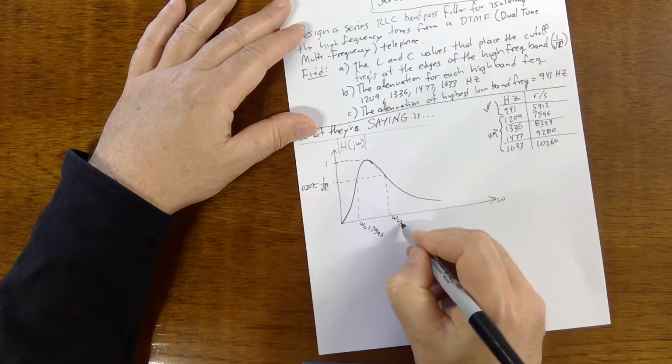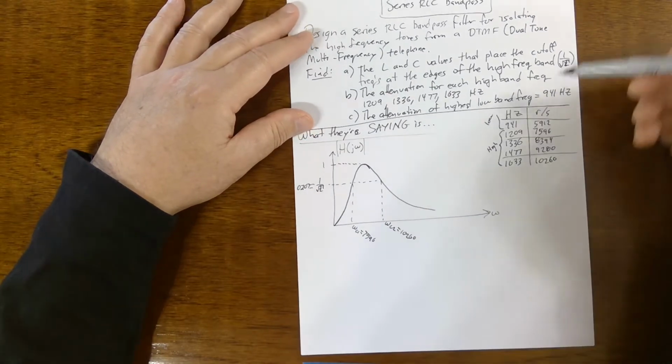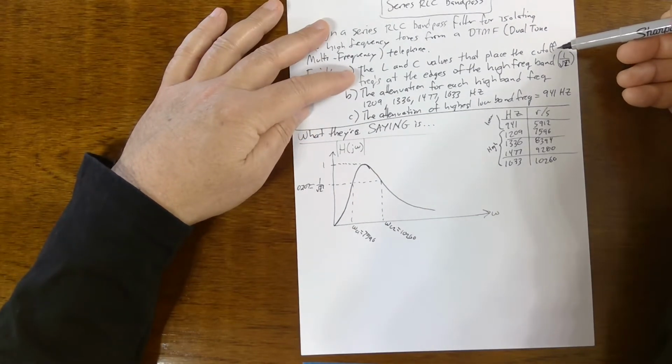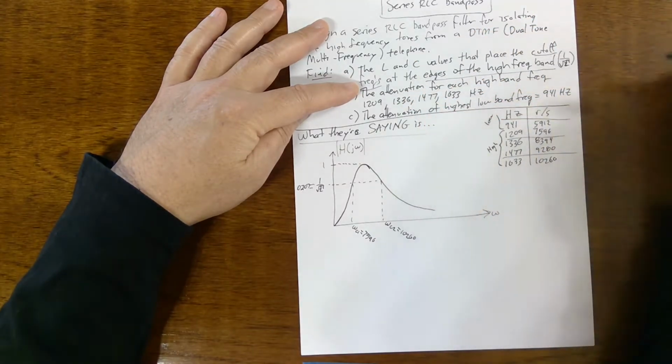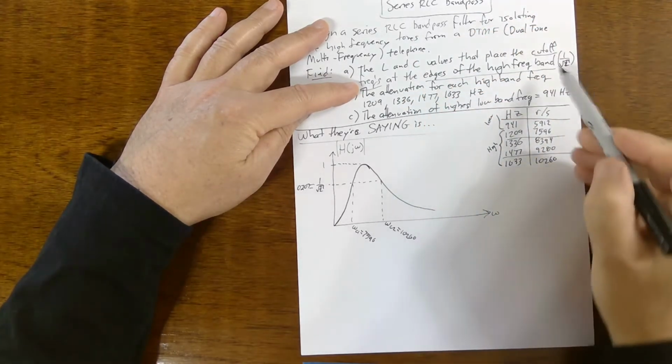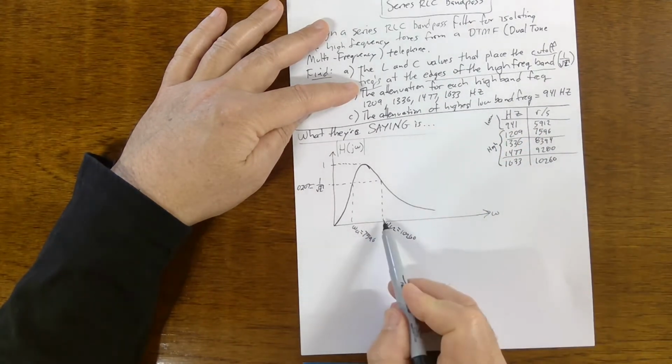This is omega cutoff 2, which is 10260. That's what this is saying here. The cutoff frequencies at the edges of the high band frequency, the edges of the high band frequency, these 2 cutoffs.